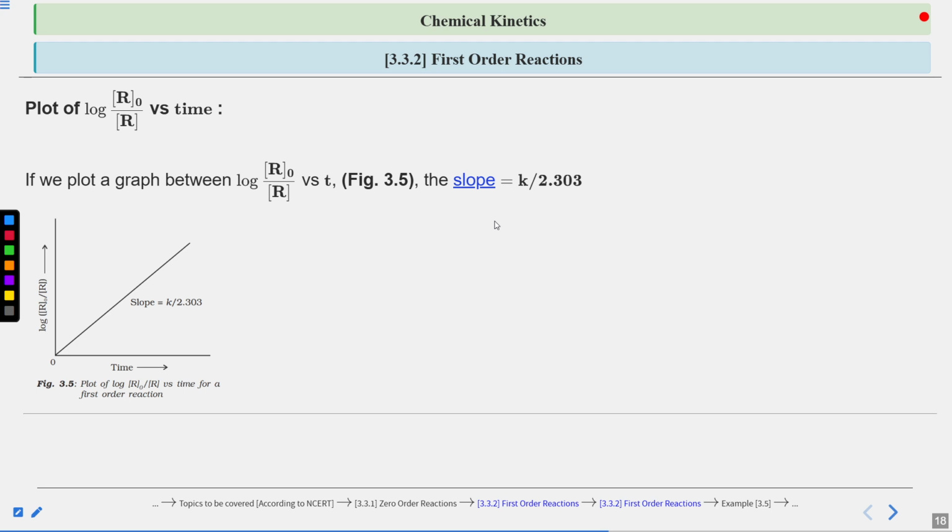In the graphs also, we are comparing the t equals 0 value, which is the initial value, R naught, the highest concentration of reactant during the overall reaction, right?